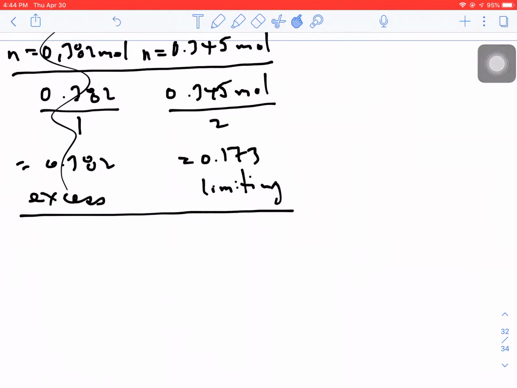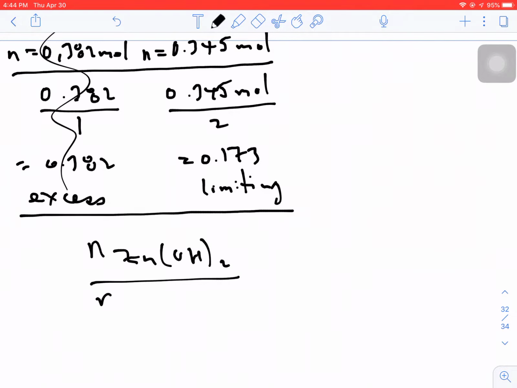Number of moles of zinc hydroxide goes on top. Number of moles of manganese dioxide goes on the bottom. I'm going to set it up exactly the same: number of moles of zinc hydroxide on top, and number of moles of manganese dioxide on the bottom.